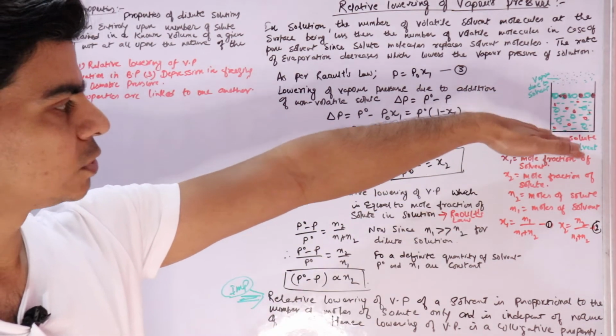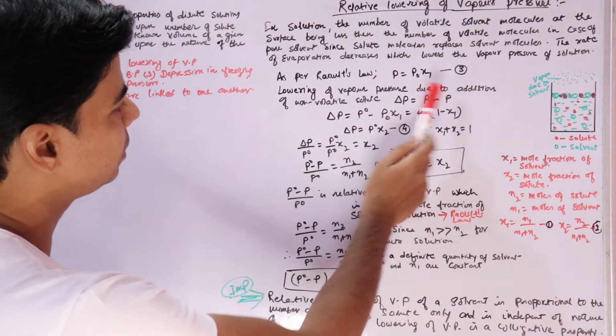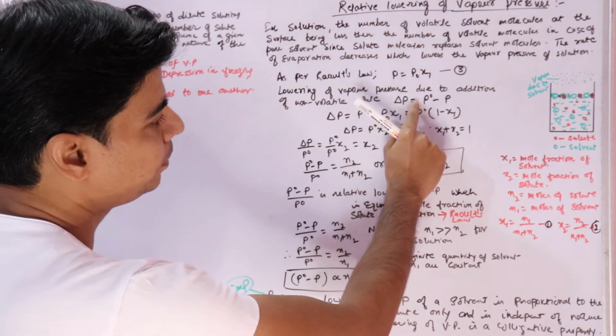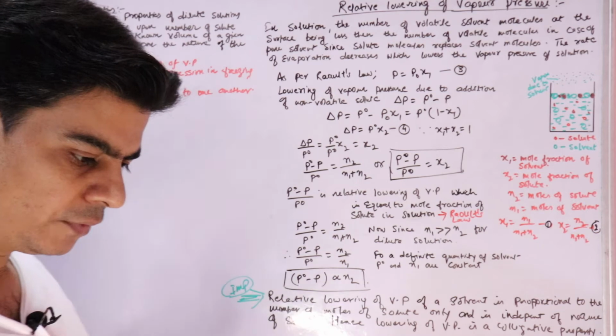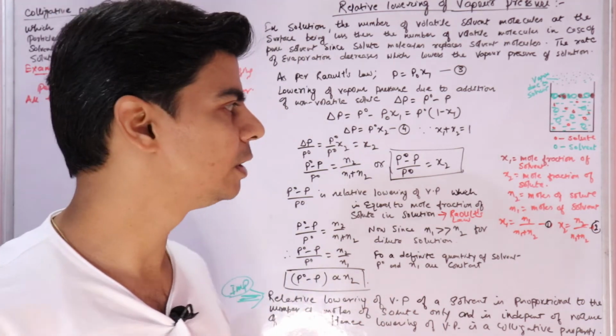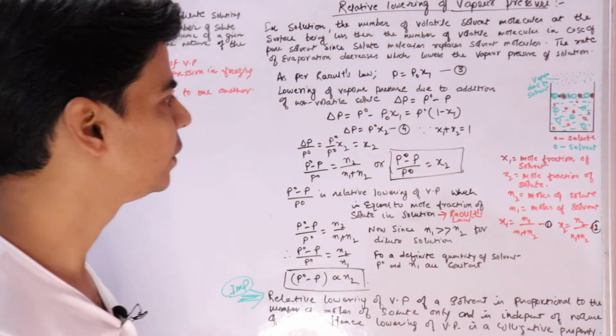When we added solute, it resulted in lowering of vapor pressure. The lowering of vapor pressure due to addition of non-volatile solute is P0 minus P. P0 is the vapor pressure of pure solvent, which is higher than that of the solution, because addition of solute lowered the vapor pressure.